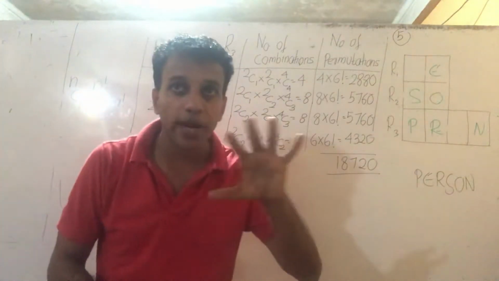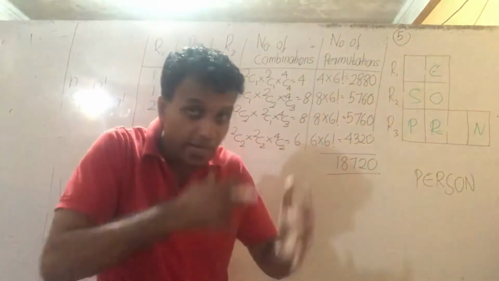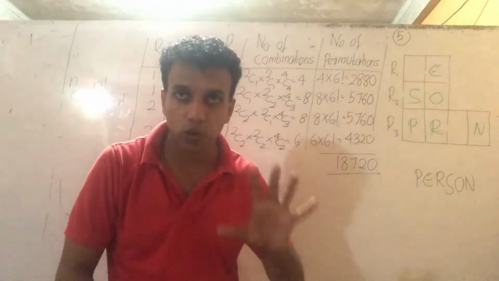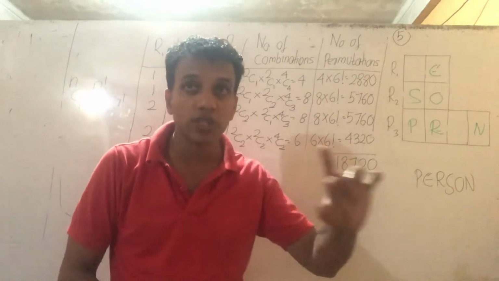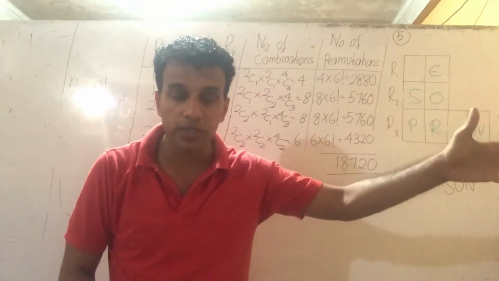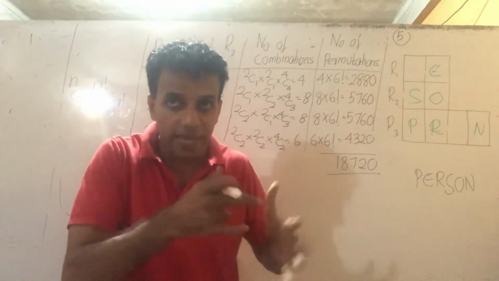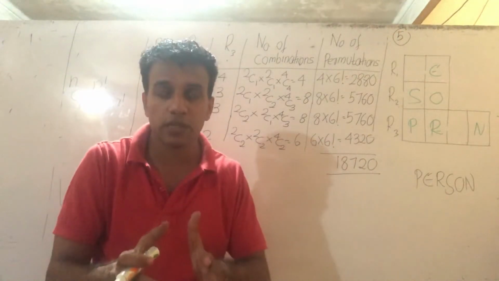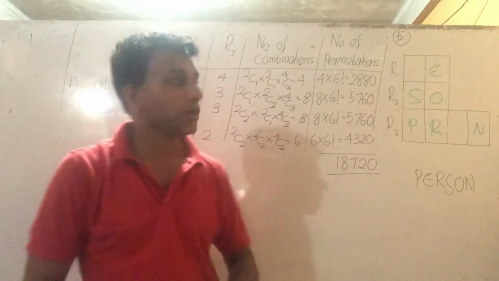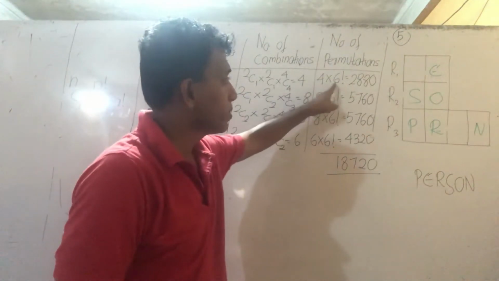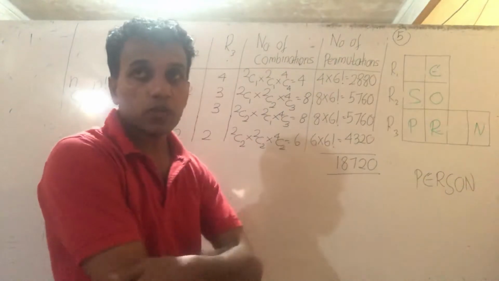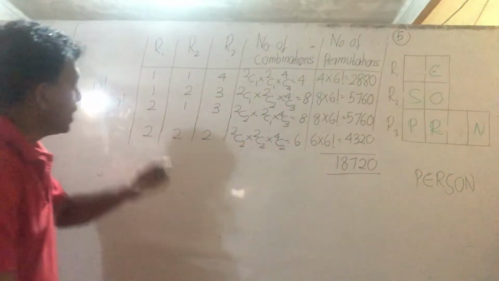If there are 5 items, how many ways can they arrange themselves? Factorial 5. If there are 10 words, A, B, C, D, E, F and so on, how many possibilities are there to change their positions? Factorial 10. Therefore we multiply by that. It becomes 2880.